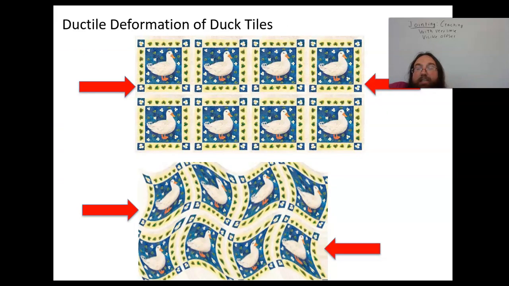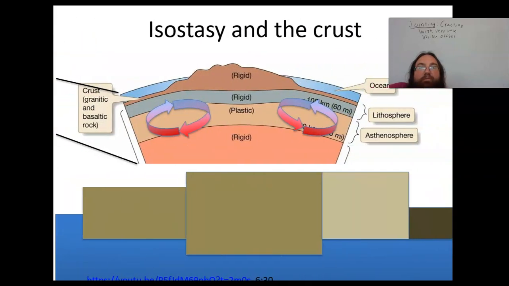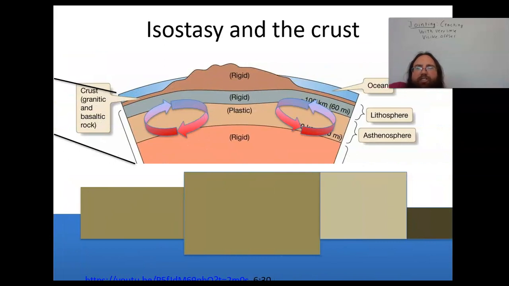Now, the second class of deformation is going to be ductile deformation. This is a soft deformation where the solid behaves in a more fluid fashion. And so you generally see one or the other or some combination of these in all rock that has undergone some kind of stress. Generally, brittle deformation will take place towards the upper parts of the crust.